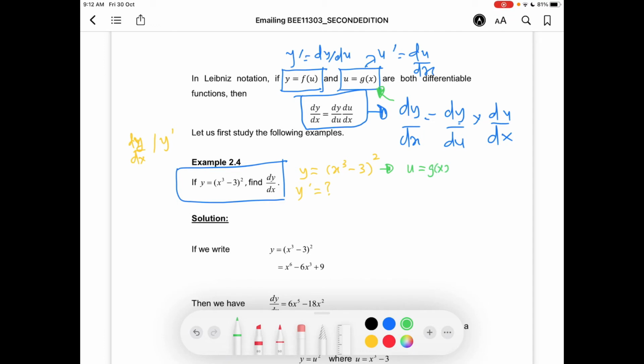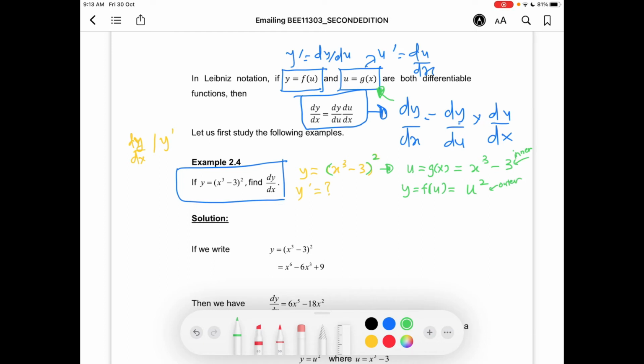So u in this question is x cubed minus 3, whereas y is f of u, which is actually u power of 2. We have defined u as x cubed minus 3. I hope that one is much clearer to you. Once you identify which one is the inner and which one is the outer function.